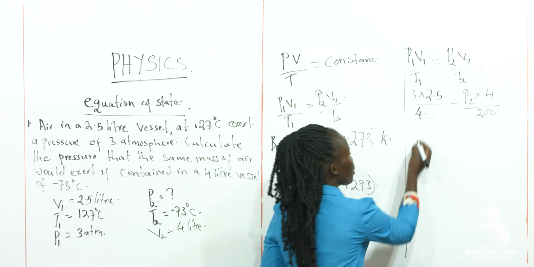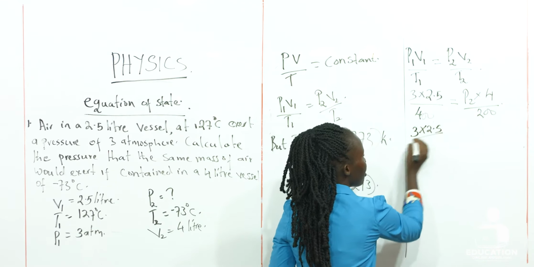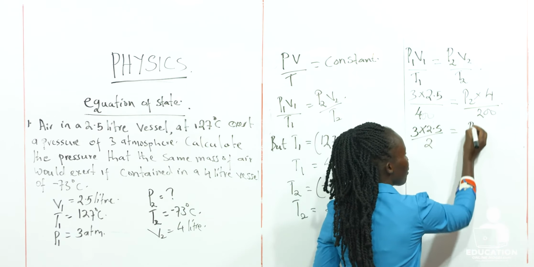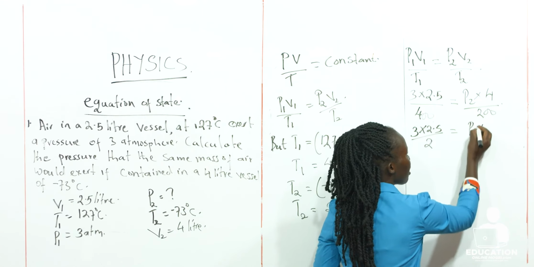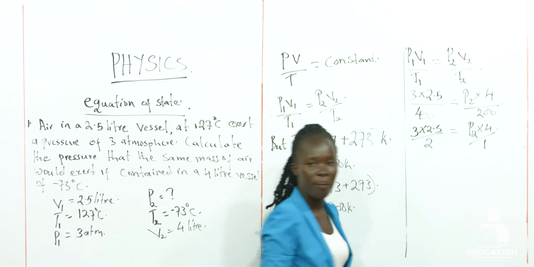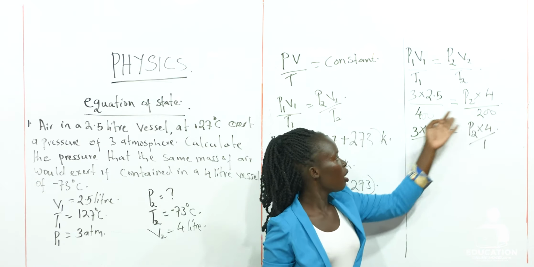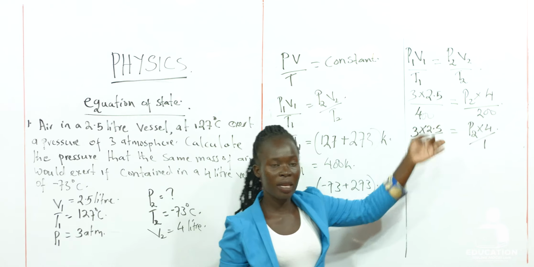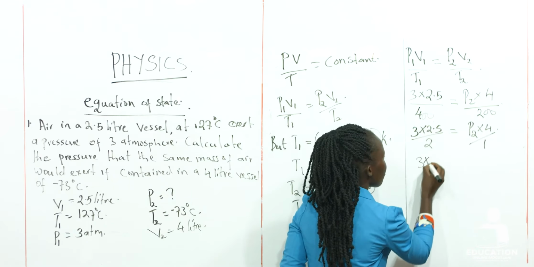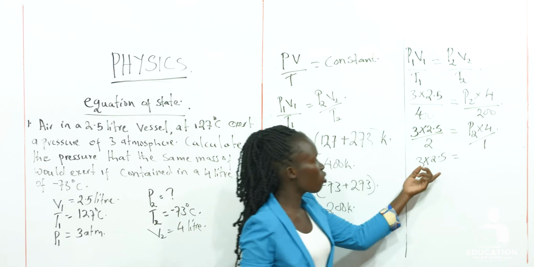So we shall have 3 times 2.5 divided by 2 equals P2 times 4, divided by 1. Because we reduced the denominators, we shall have now 3 times 2.5 equaling, and we can cross multiply.